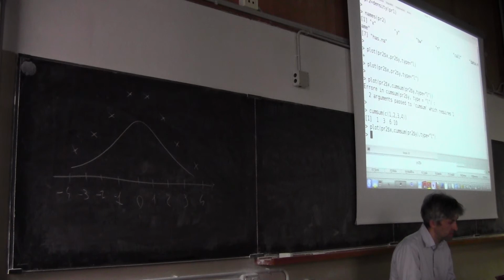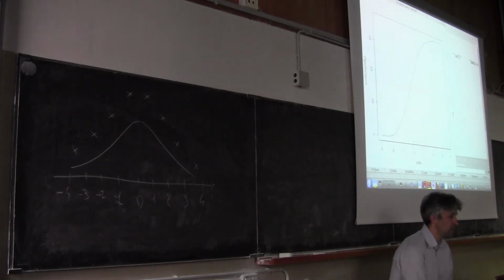Let's see the result, and you see that indeed what you are getting is a cumulative density. The only thing is that if you look at the ordinates, you can't understand the scale, because we would expect a scale between 0 and 1 for the cumulative density.